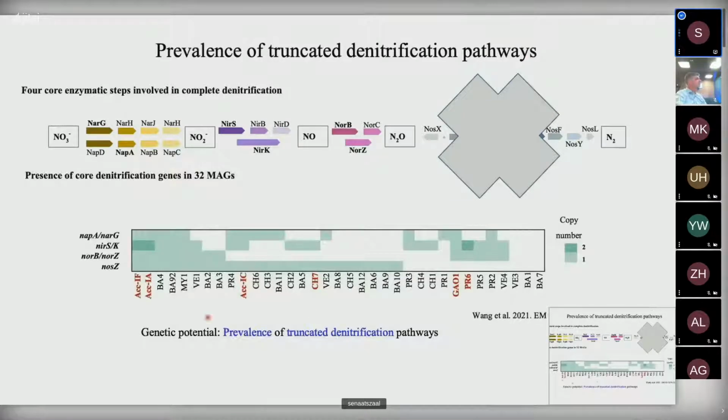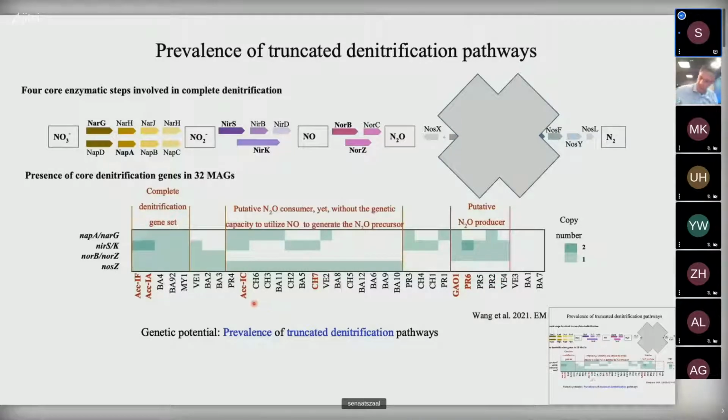Among the 6 most active populations in the community, the 2 Acinetobacter populations of clade 1F and 1A have a complete denitrification gene set, while Competibacter GAO1 and Proteobacteria PR6 are putative nitrous oxide producers lacking the nosZ gene. Another Acinetobacter population of clade 1C and Chloroflexota C87 are putative nitrous oxide consumers in the system.